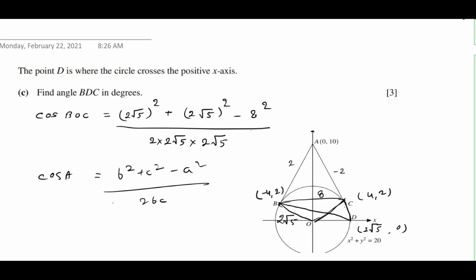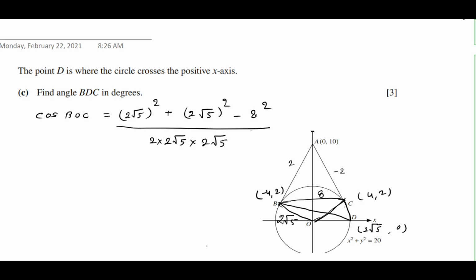Okay, cos A can be negative, no problem. So here it is BOC. This formula is correct. Everything is correct. I was confused. Actually, a negative value is possible. A negative value for cos means the angle is in the second quadrant, I will say more than 90 degrees.